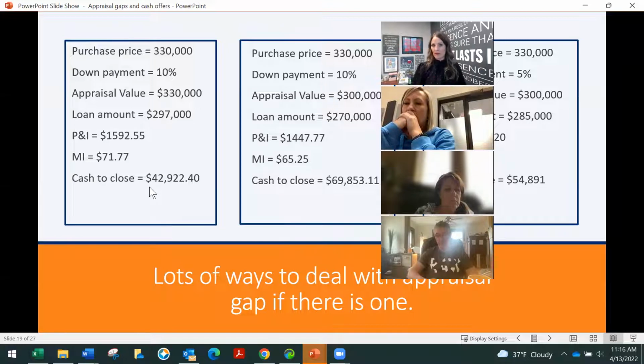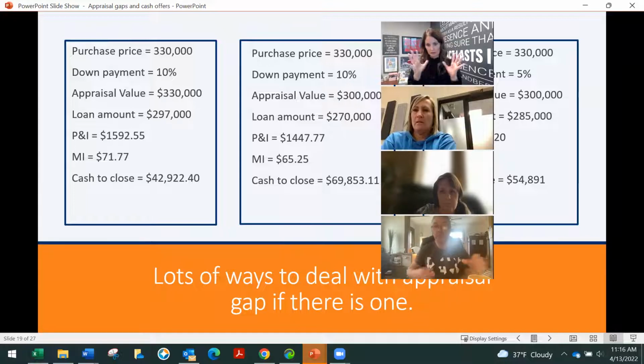It's still not the same as if they had the true appraised value, but it's definitely better than dollar for dollar. Does that make sense how we maneuver that? I can't see all you guys, so you'll have to either unmute yourself and ask the question, or have me clarify. Okay.